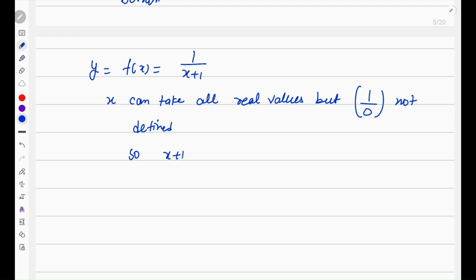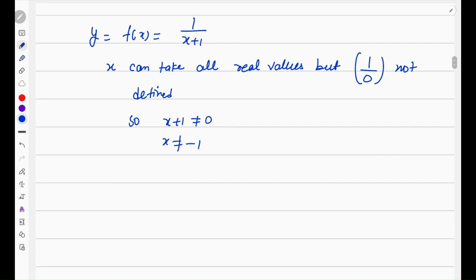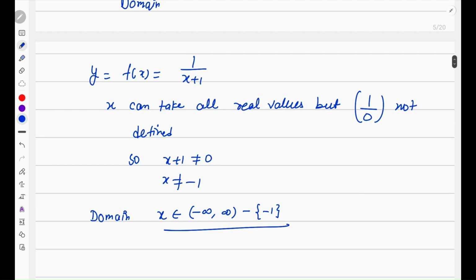So x plus 1 should not be 0 and x should not be minus 1. So minus 1 is not in the domain of f(x). So the domain will be x belongs to minus infinity to infinity, but the value minus 1 should not be in the domain. So this is how we look at the domain.